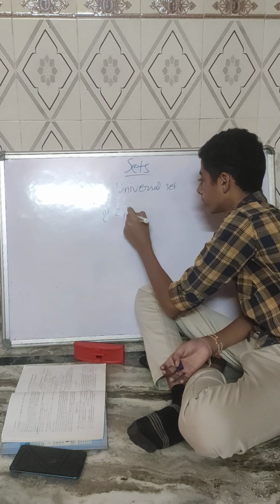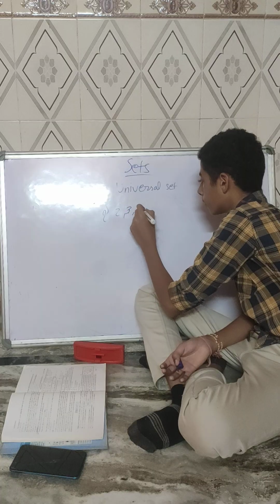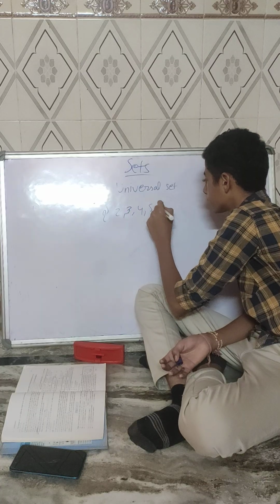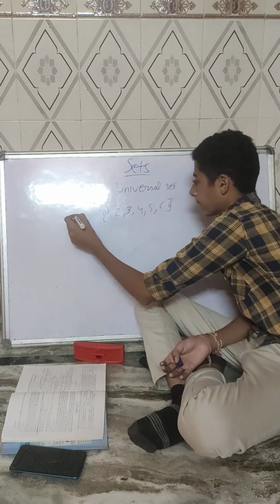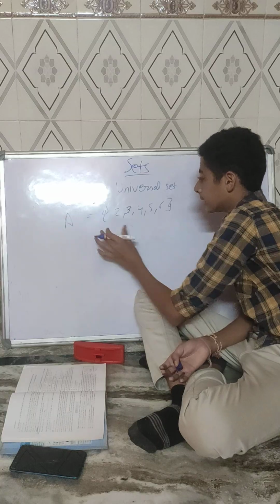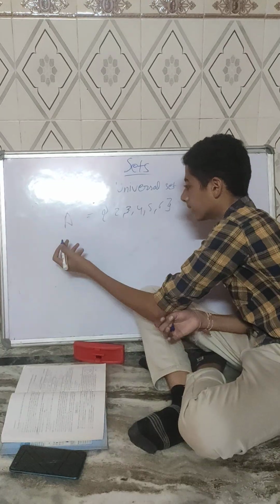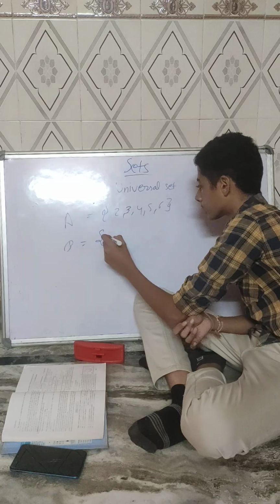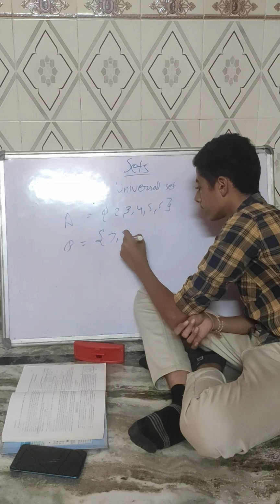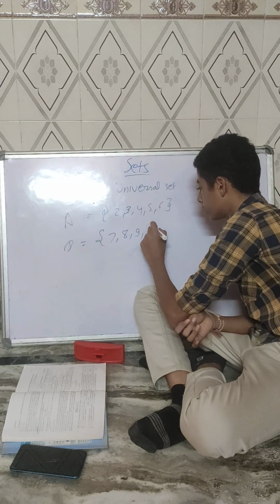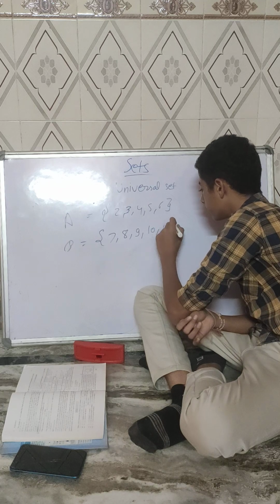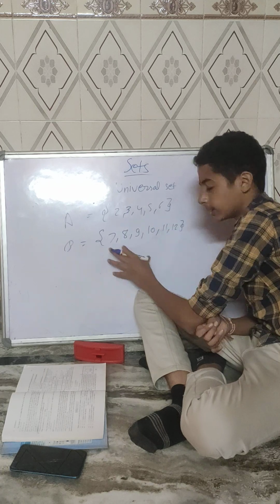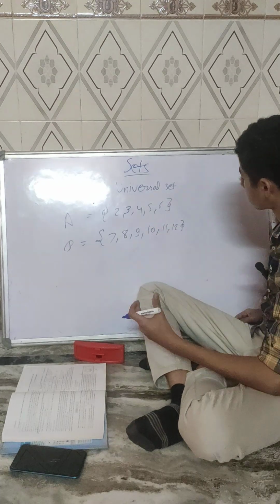Like 2, 3, 4, 5, 6, and let's name it A. This is one set. Then if we see B, after 6, it has 7, 8, 9, 10, 11, 12. This is our other set.